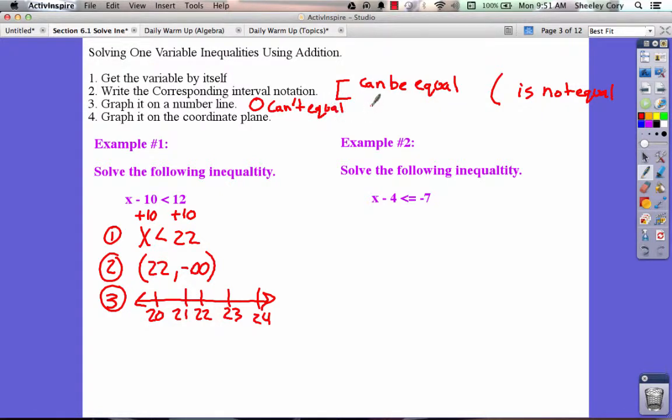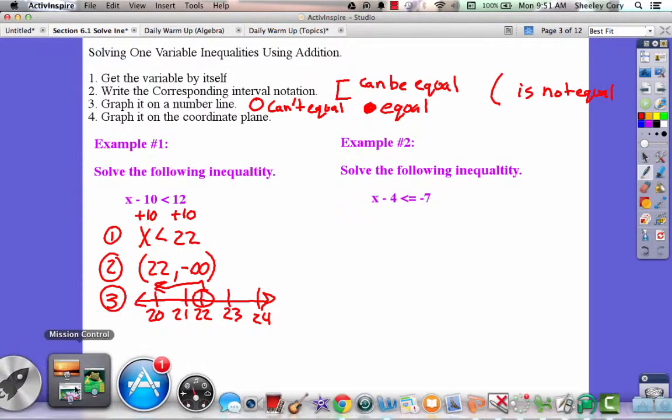And closed dot means that they're equal. So, in this situation we have x less than 22, so it cannot equal, so open dot, and we're going to mark it to the left.